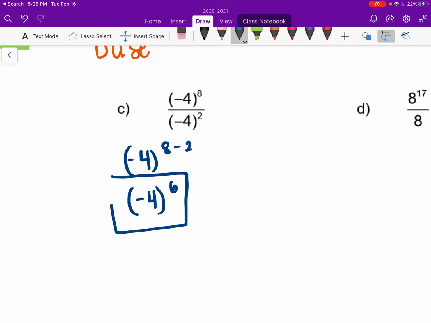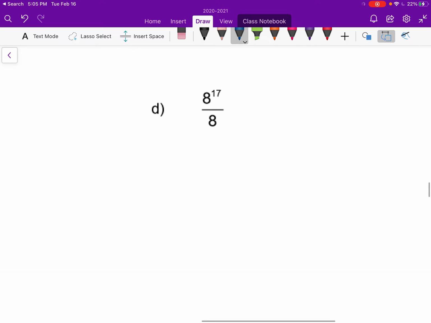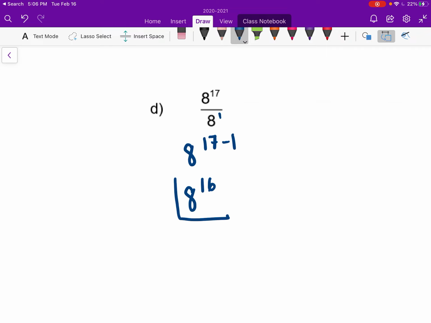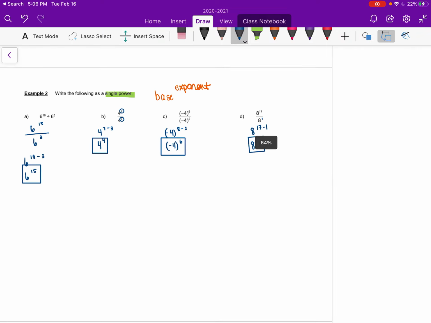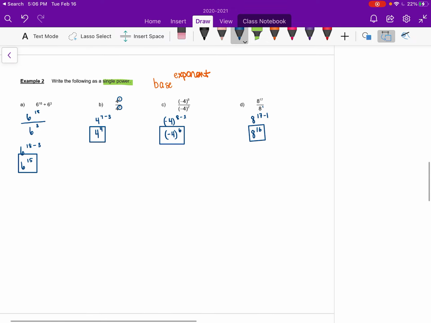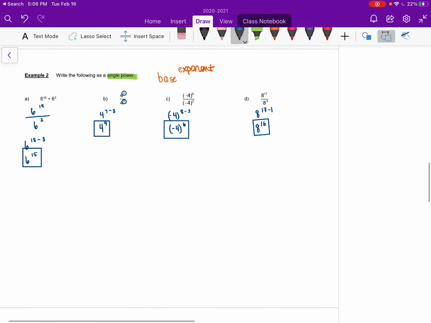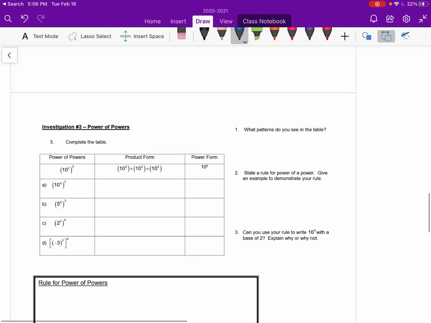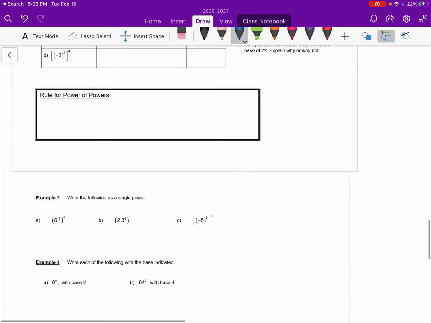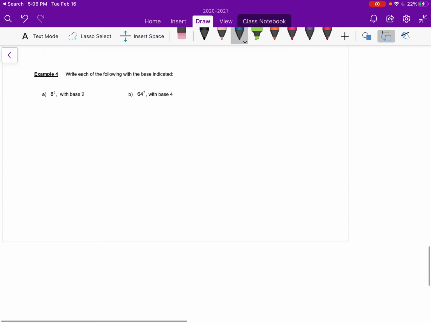So it's negative 4 to the power of 6. Again, same thing here. You have 8 as your base. You have 17. There's an invisible 1 here, so it's going to be 17 minus 1. 17 minus 1 is 16. And if you want, you could draw out 17 eighths, and then you could show me with the 1, and you can cross things out. But this is the rule. Okay?